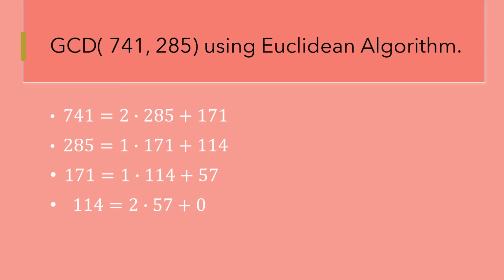This 57 will be the GCD for the two numbers 741 and 285.